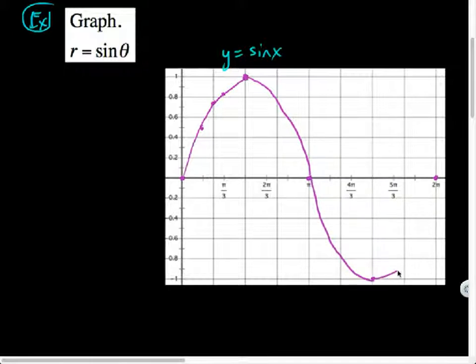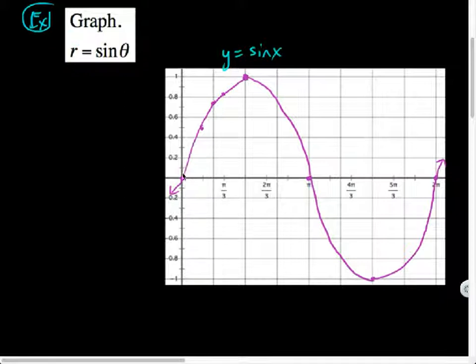I just want to have a general idea of what these points are, because the y value of this graph, when I graph this polarly, is going to be the radius.